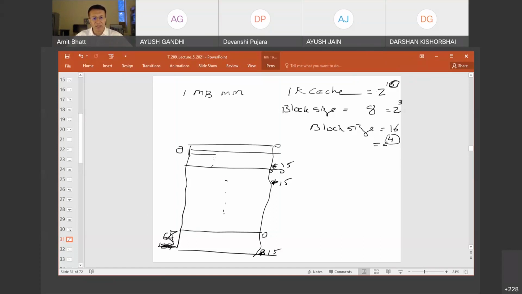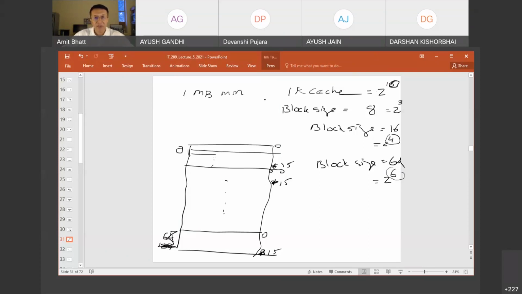And just by the same analogy, if I make my block size as 64, then 64 is 2 raised to 6. So that means 6 bits would be used up. So now I will have only 4 bits for cache.